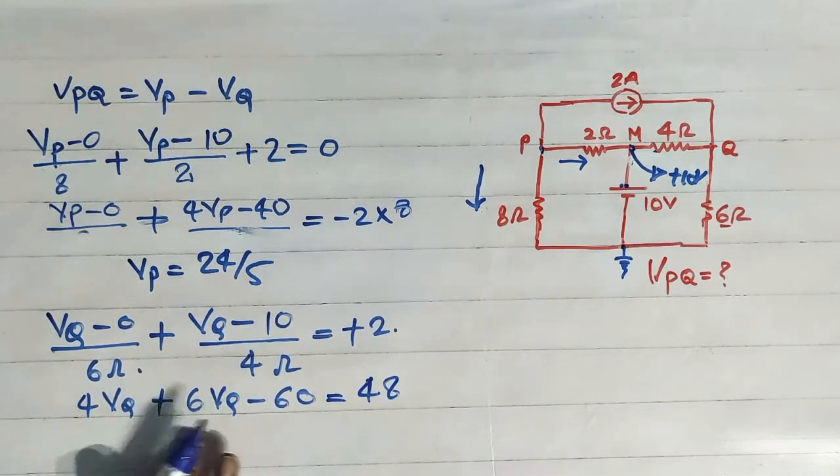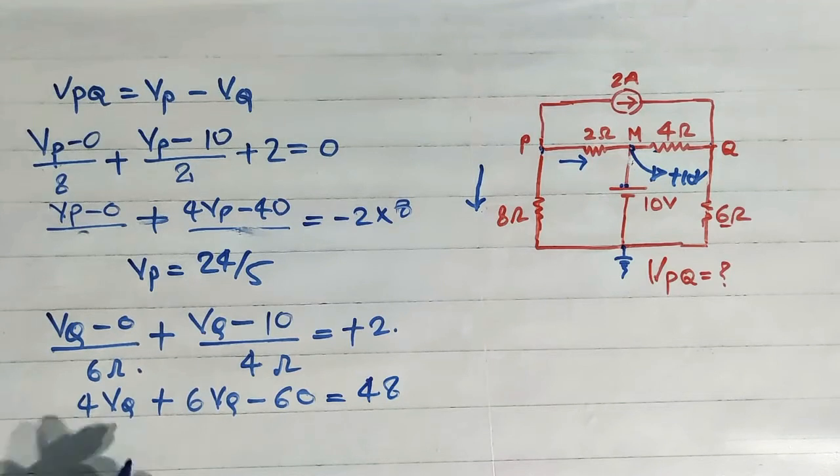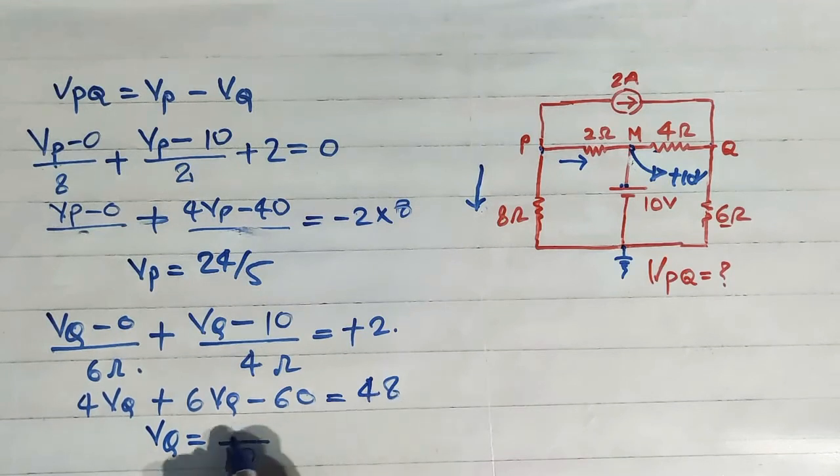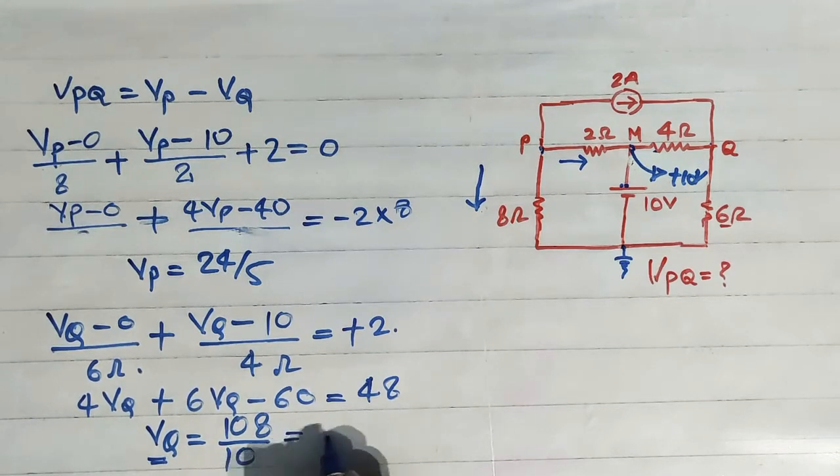So on solving this we get VQ equals 108 by 10, because 60 goes here, 60 plus 48 is 108. So the voltage of node Q equals 108 by 10, or we can write it as 54 by 5.